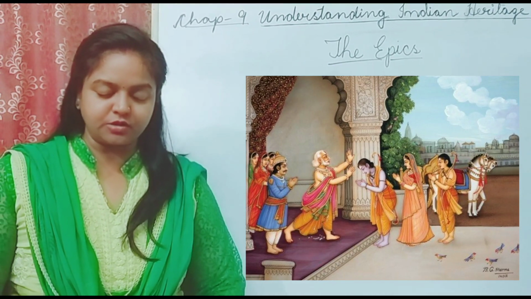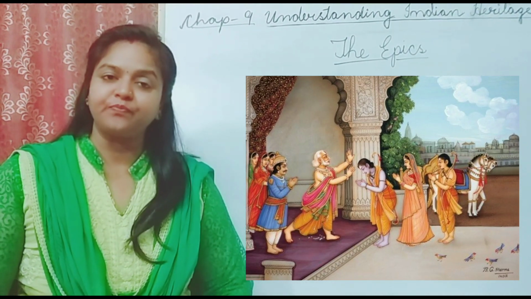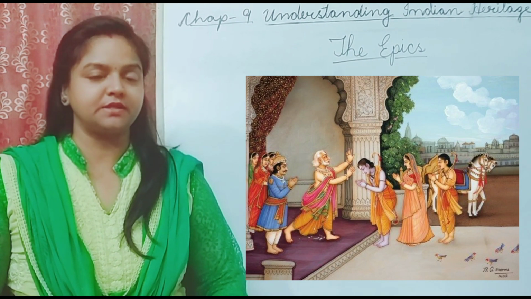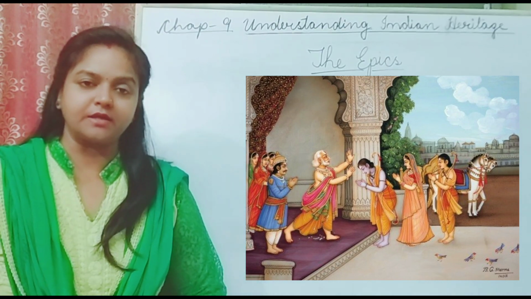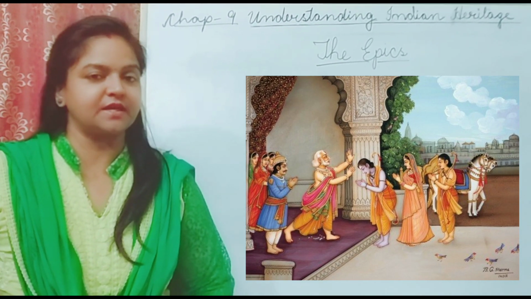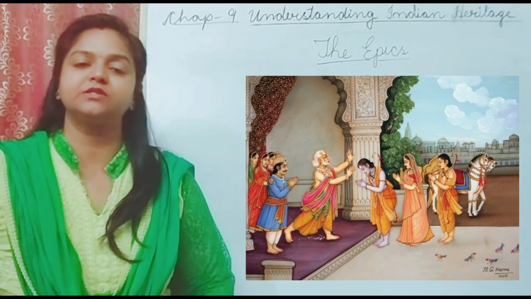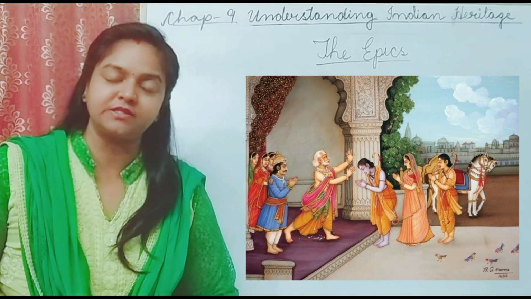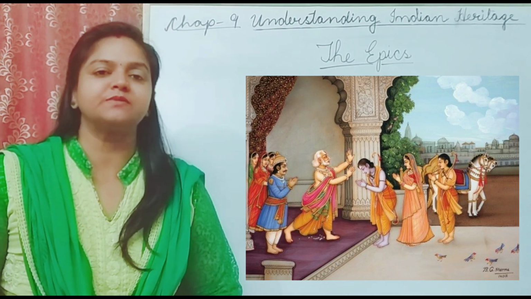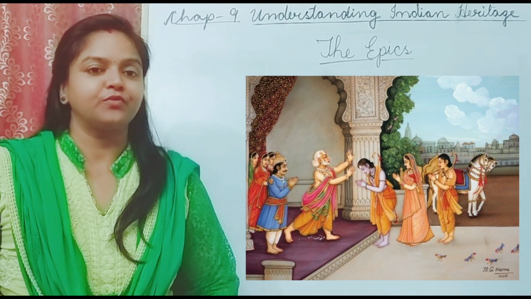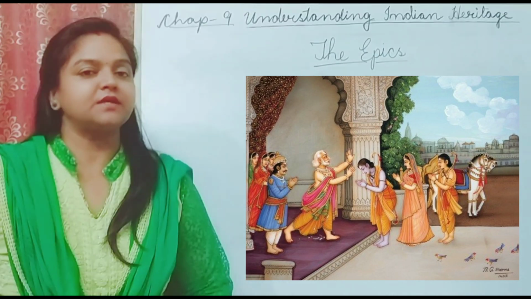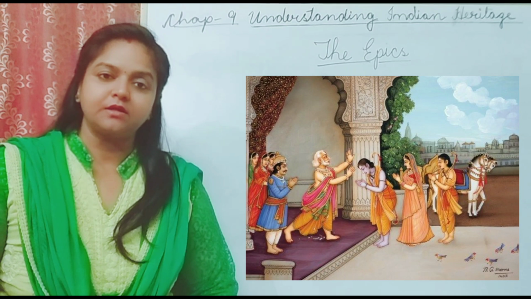This epic also describes his travels across the forests of India. As a punishment, he had to leave his kingdom and spend 14 years of his life in the forest. What were the problems that he faced? What were the things that he did? All these things are described in this epic, the Ramayana.